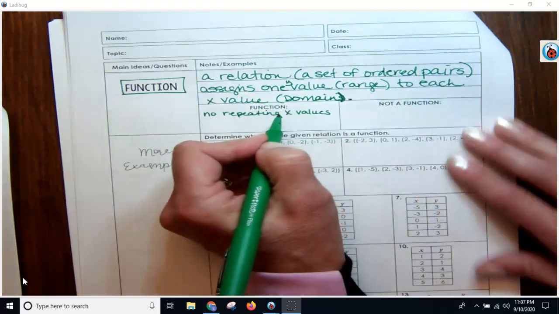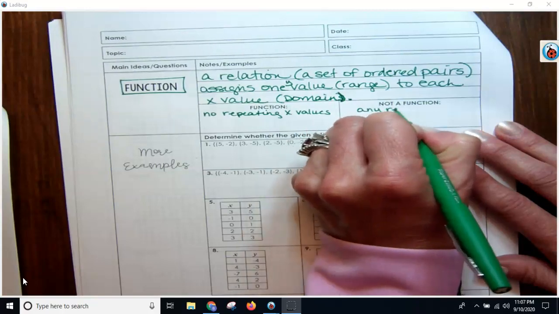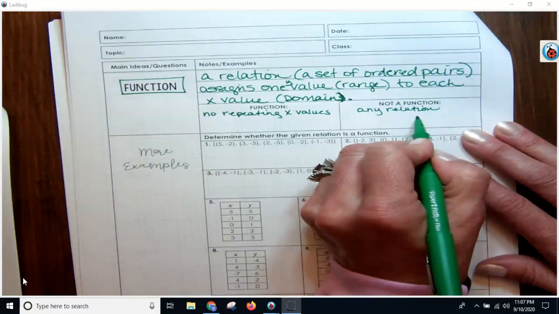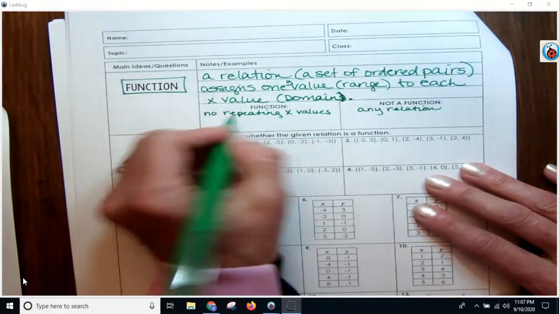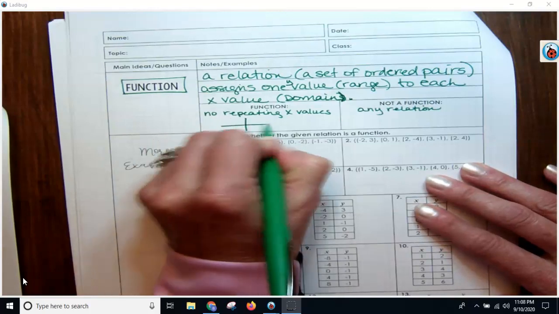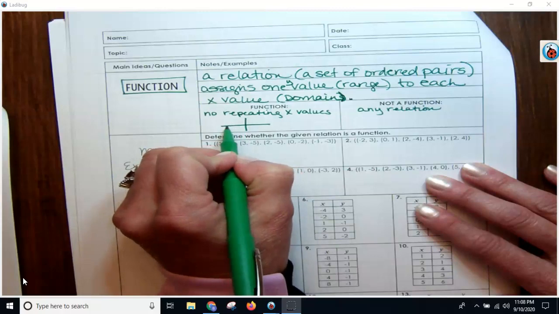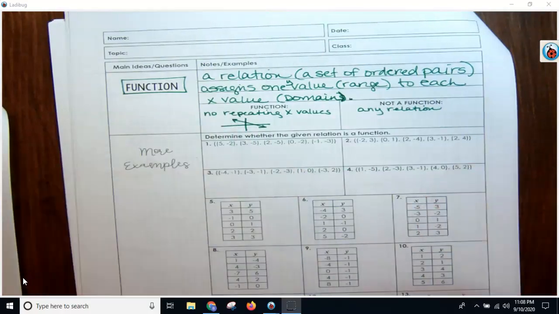And not a function is basically any relation, whereas a function has to have no repeating x values. So a graph of a function would maybe look like a line. It can have lots of different shapes.